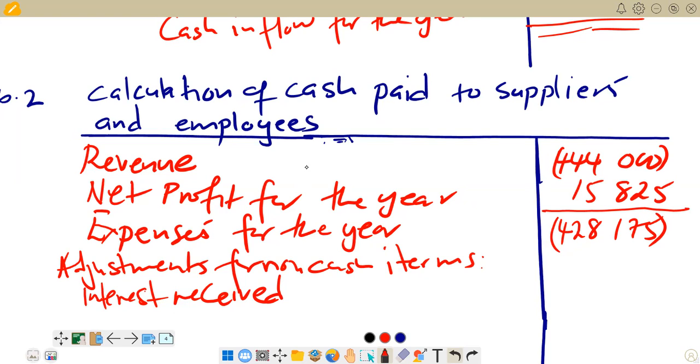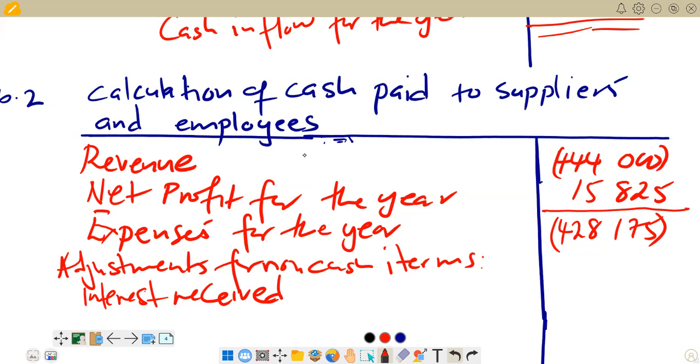So that's the issue there. So interest received, obviously, we are going to show it as a negative, and then if you have got a profit on disposal, again, we are going to show it as a negative. Then other expenses, now we can show them as positives as we try to adjust to find the figure that we want to find there.